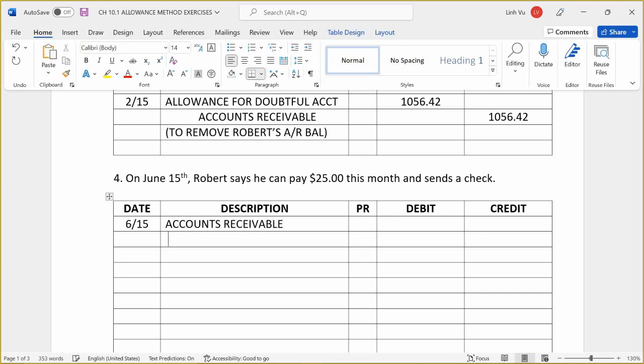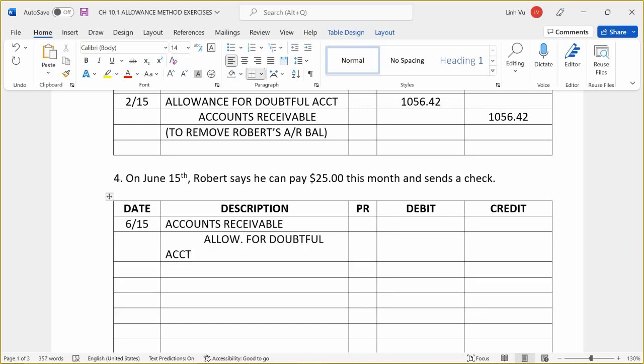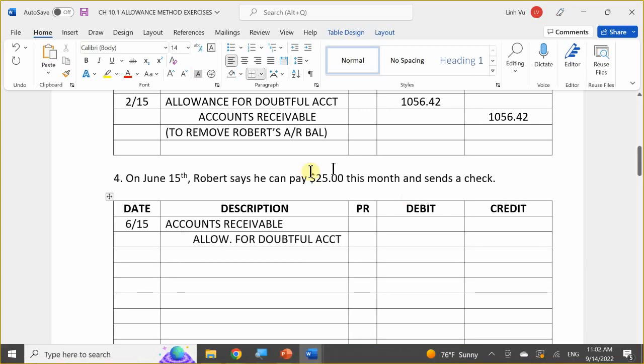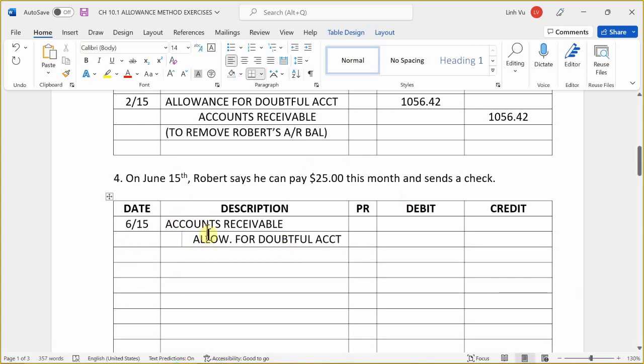So that'd be debit 1,056.42. And then you'd have to do the allowance for doubtful accounts there, and that would be a credit. So this is why you would normally have a credit balance in the allowance for doubtful accounts, because we're switching back and forth. In this case now, the person is deciding to pay.